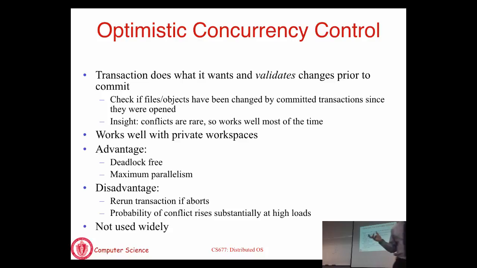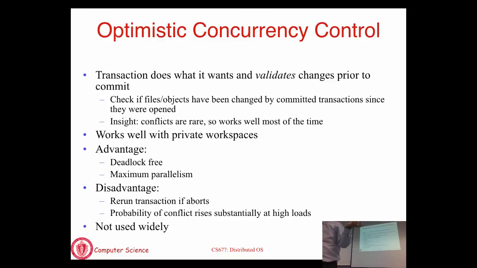As there are more and more concurrent transactions, the probability that any two of them by random chance conflict with one another keeps going up. Okay, so at high loads, okay, you will basically have high abort rate, okay, which means that your throughput is going to fall. Okay, what is called good put will fall.